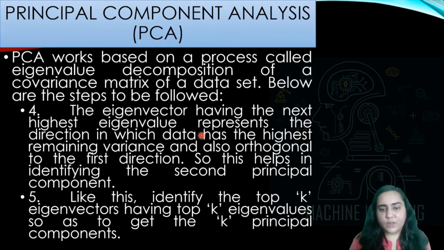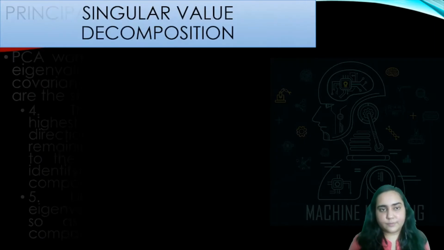So like this, you have to keep on identifying the top k eigenvectors having top k eigenvalues if you want k principal components. So you can decide how many principal components you want, and based on that, you can select that many top eigenvectors.